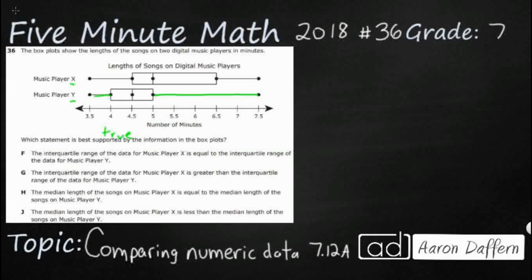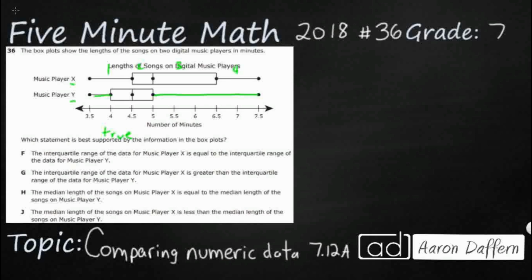Okay? So if you look at each of these spots right here, you notice that music player X is broken up into 4 sections. And they're not equal, but you've got section 1, section 2, section 3, section 4.